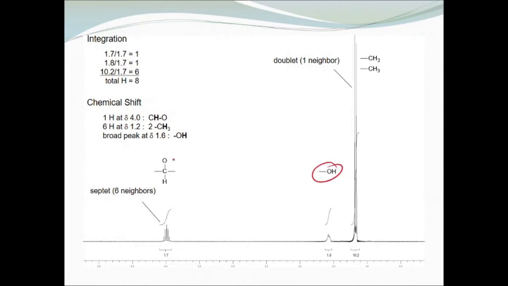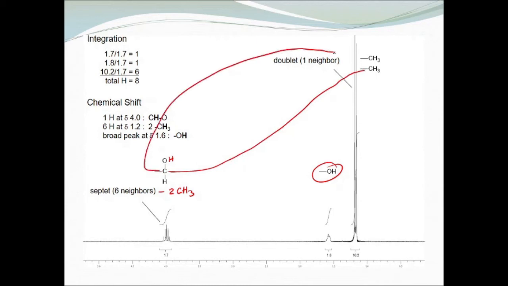Obviously, if this is our alcohol, that hydrogen belongs there. Septet, 6 neighbors. How do we get 6 neighbors? The most logical way is that we have 2 CH3s that this is bonded to, meaning that one of these is bonded to one of the methyls and the other bond goes to the other methyl.